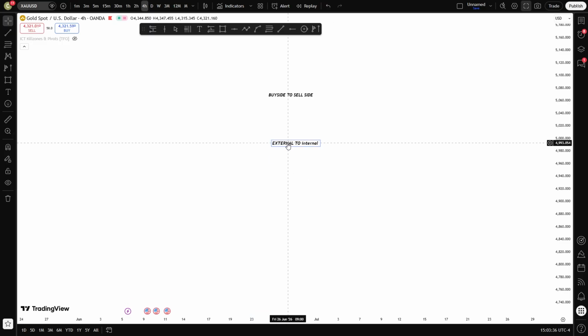From external, which is highs and lows, previous weekly lows, previous weekly highs, where the stop hunts or the orders were filled or didn't fill. Those are liquidities. An internal, which is a PD array, breaker block, order block, fair value gap, BPR, everything that gives you an entry or an imbalance.